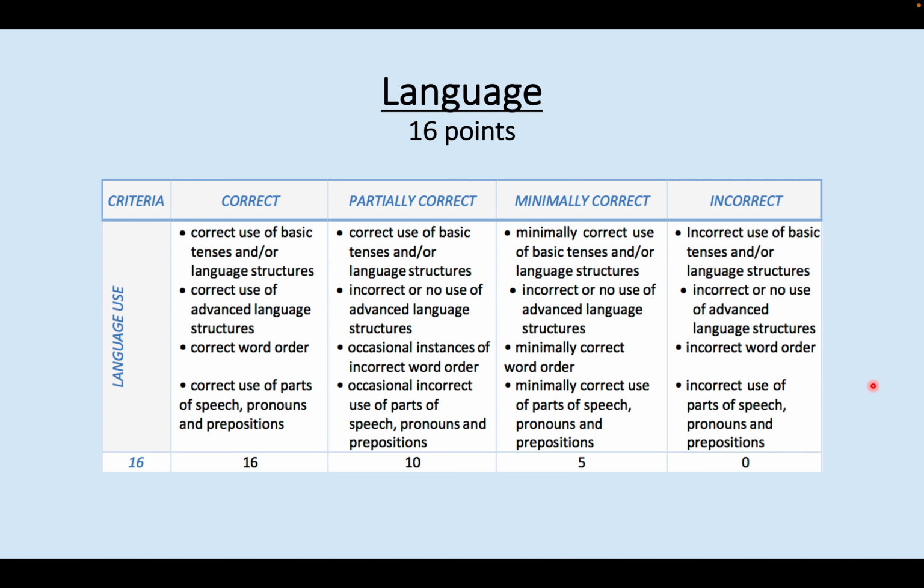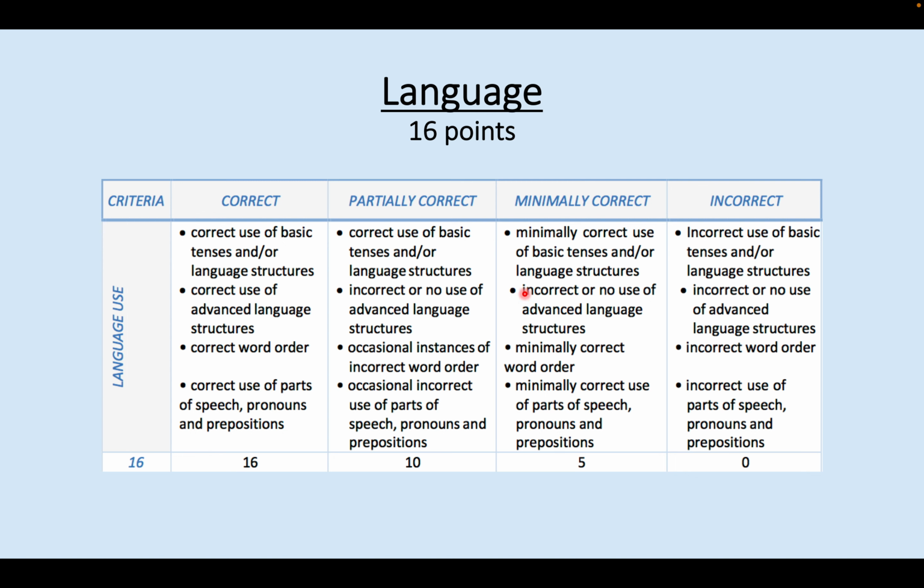As 5-pointers, you are expected to have a basic level of grammar, meaning present simple, past simple, present progressive. If we look at the rubric, you are expected, for 10 points, to understand and be able to use correct use of basic tenses.